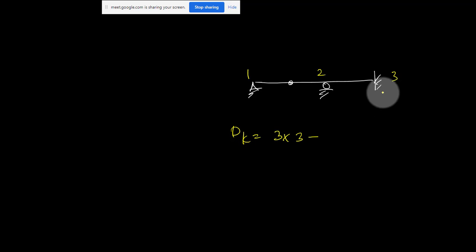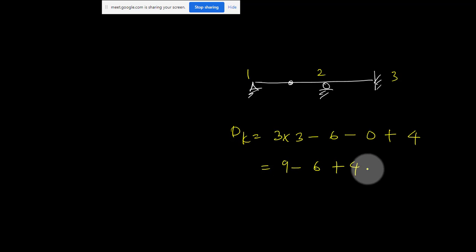How many support reactions? 3 plus 1 is 4, plus 2, so 6 support reactions. Minus inextensibility 0, plus how many due to the hinge, one hinge in the member will give another 4. So this answer will be 9 minus 6 plus 4, so 13 minus 6, that answer will be 7.